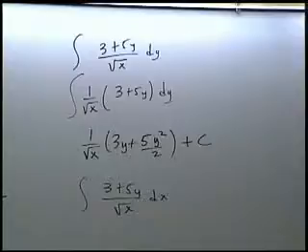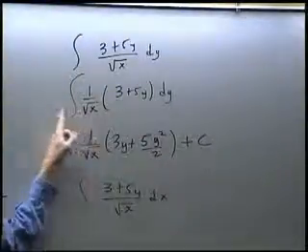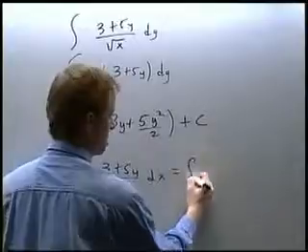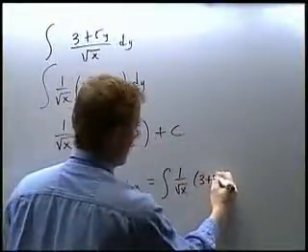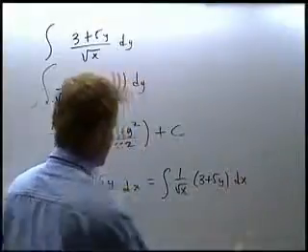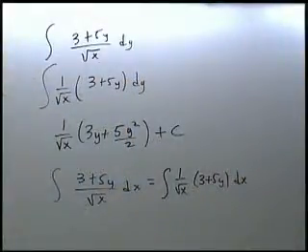Now, it appears a lot more difficult on the surface, but again, it's really not too bad if we rewrite it in the form up here. So let me rewrite this as 1 over square root of x, times 3 plus 5y, dx this time. Now this time, what is my constant? x is the variable, so y is the constant.